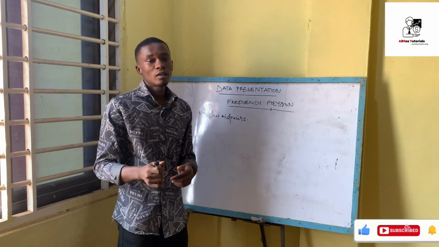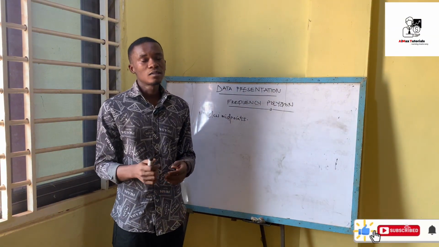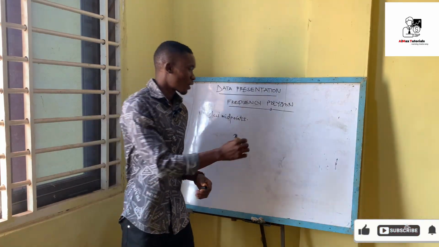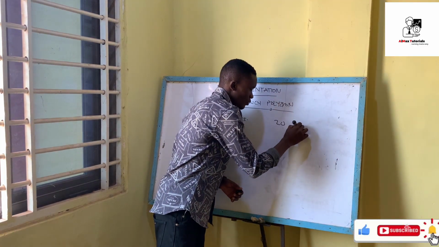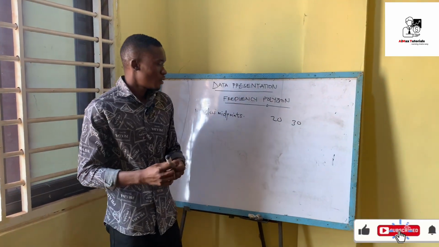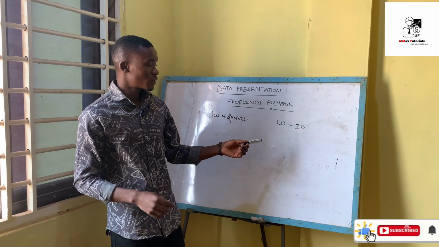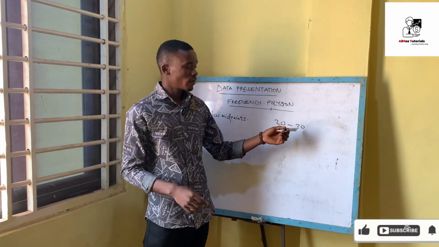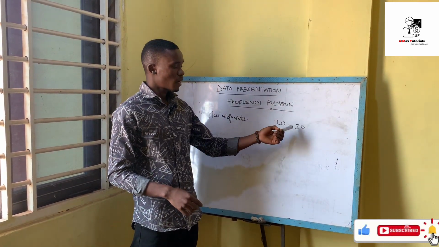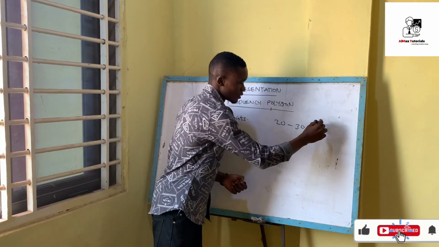And we can only find our class midpoint from our class interval. So let's say you have a class interval of 20 to 30. To find your class midpoint, it's either you sum the two figures up, that is the lower limit plus the upper limit, which will give you 50.